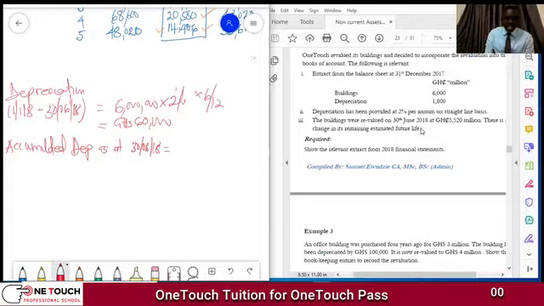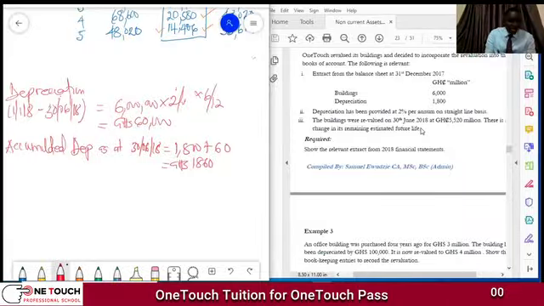That will be equal to the accumulated depreciation of 1,800 plus 60. That's 1,860,000. That will be the accumulated depreciation as of 30th June 2018.